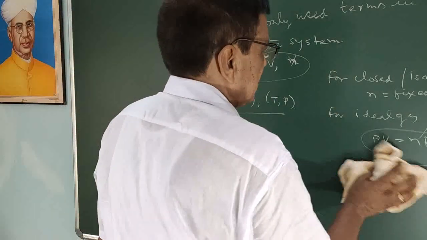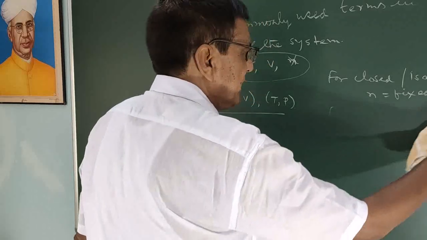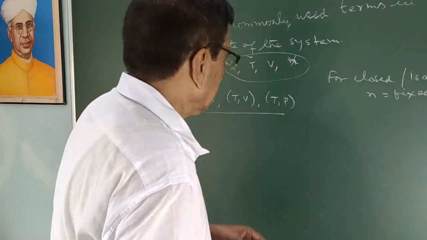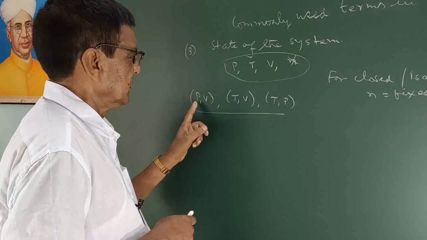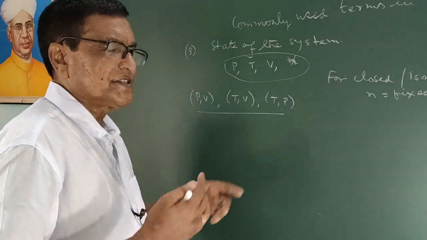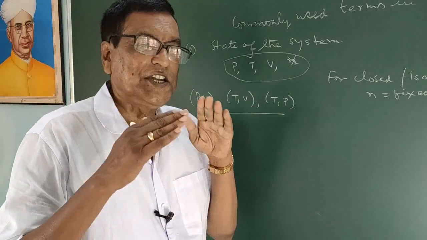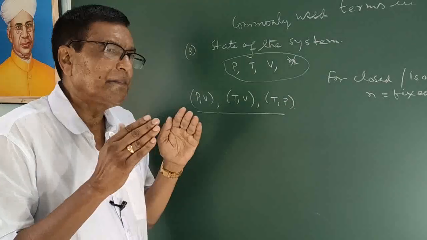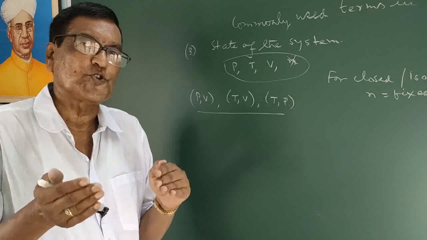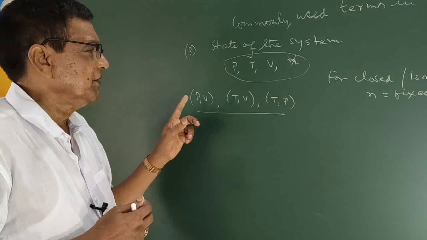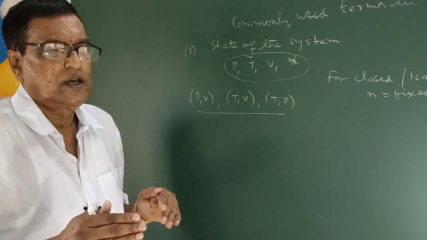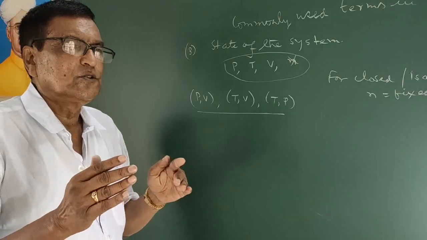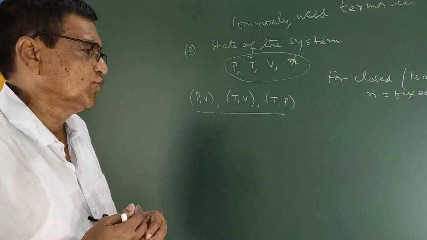When any variable changes, it means the system has changed its state. And if we bring the system back to its original state, then the variables will have to be brought to their original values.